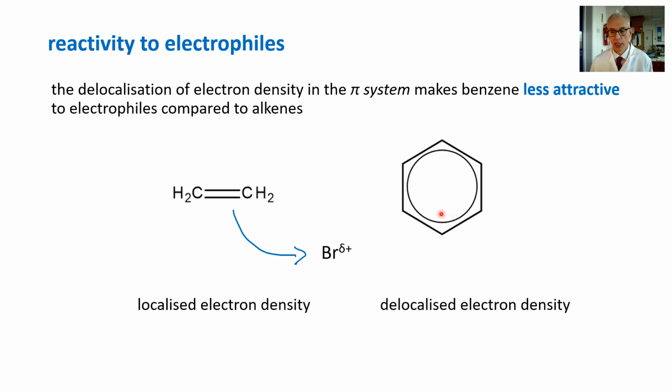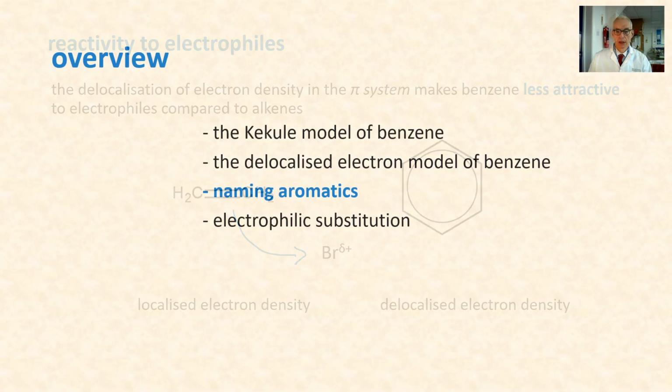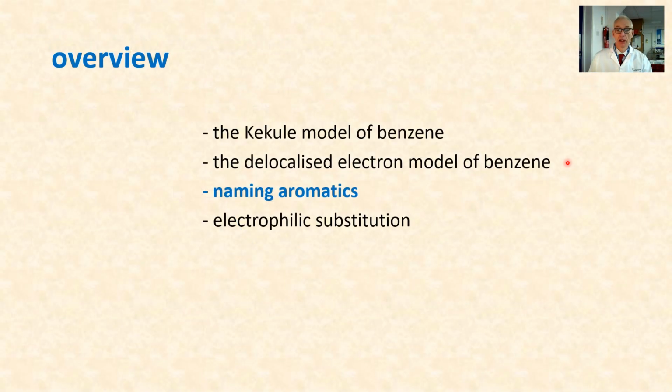Of course, there may be some attraction for these electrons within the delocalized pi system, but not sufficiently strong for benzene and its derivatives to react to electrophiles without the presence of a catalyst. So having described the delocalized electron model of benzene, we need to move on to naming benzene containing compounds, that is, aromatics.